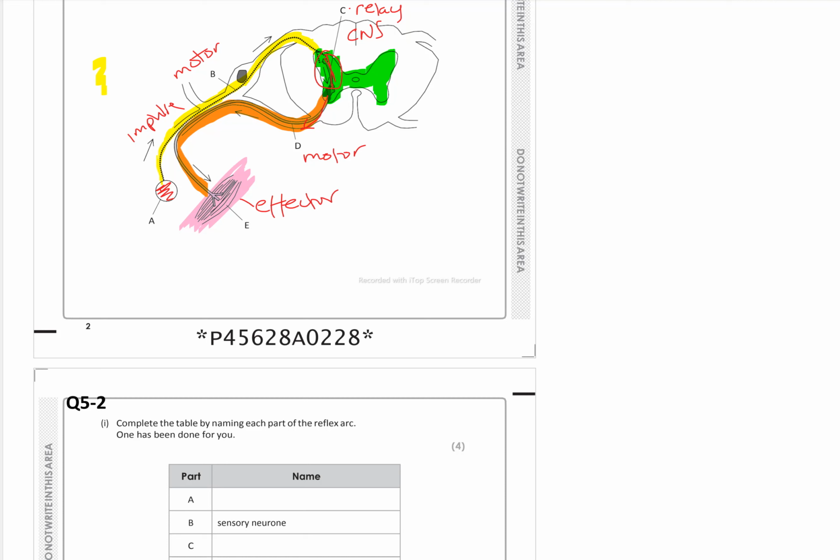There's a gap called a synapse, which we need to jump across because the impulse has come and stopped here. We need to generate an impulse there, so neurotransmitters, chemicals, diffuse across. When they get there, they start off another impulse.